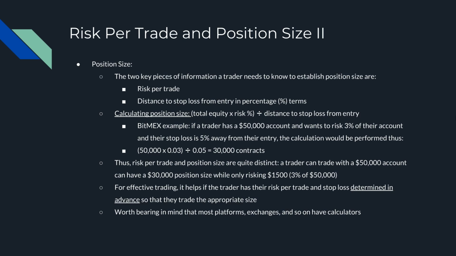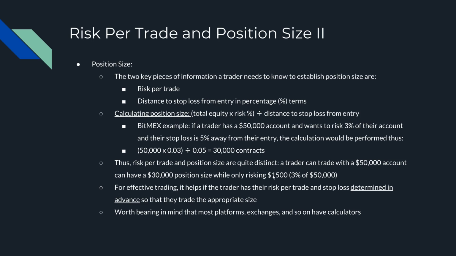So risk per trade and position size are quite distinct. In this example that we just had, a trader with a $50,000 account can buy $30,000 worth of contracts, or have a $30,000 position, while only risking 3%, or $1,500.